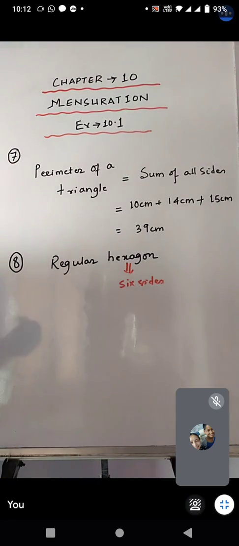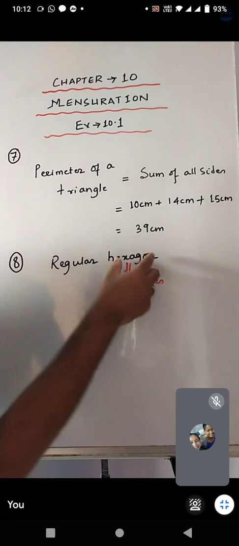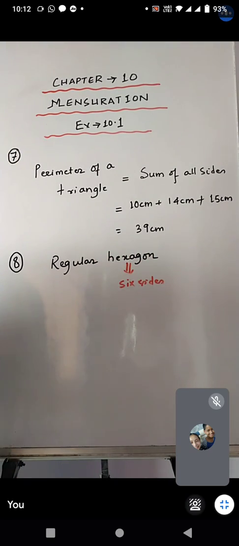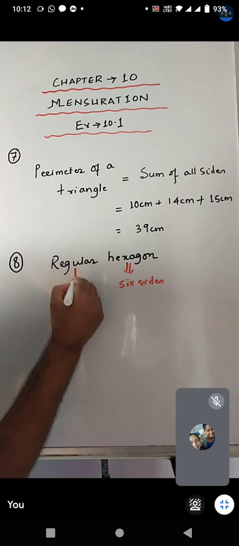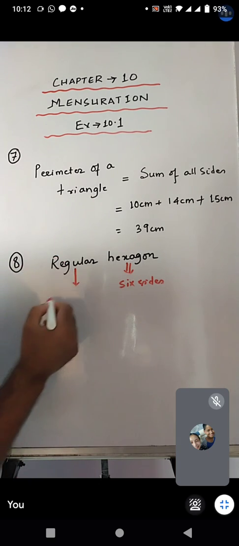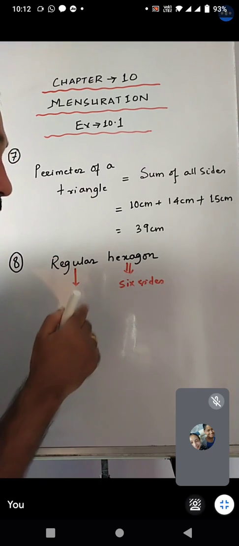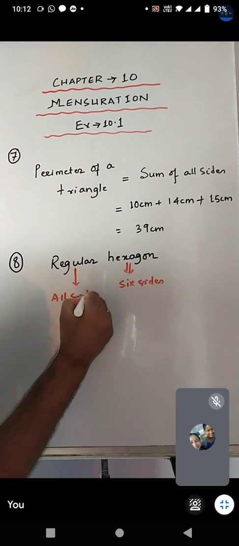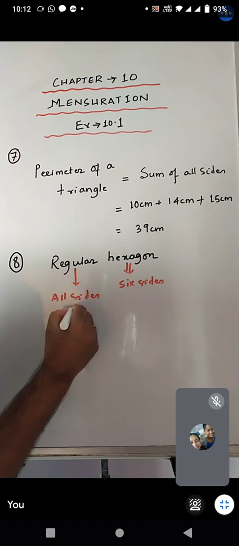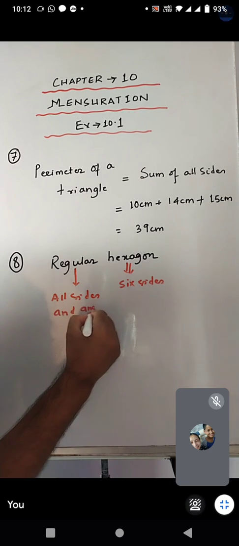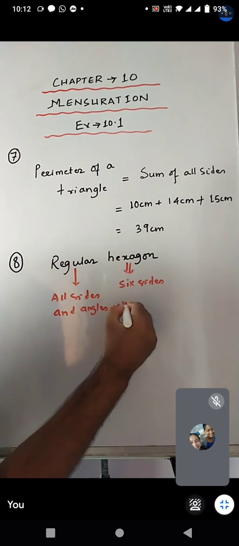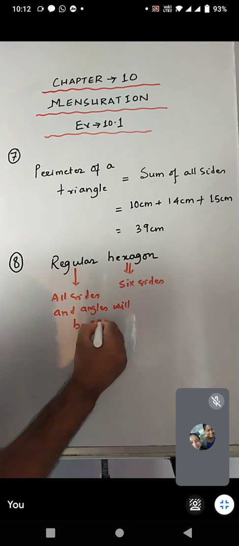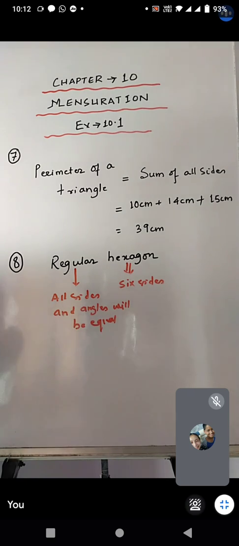So a regular hexagon is a polygon of 6 sides, and when it says regular, students, that means all the sides and all the angles will be equal. These two words are very important.